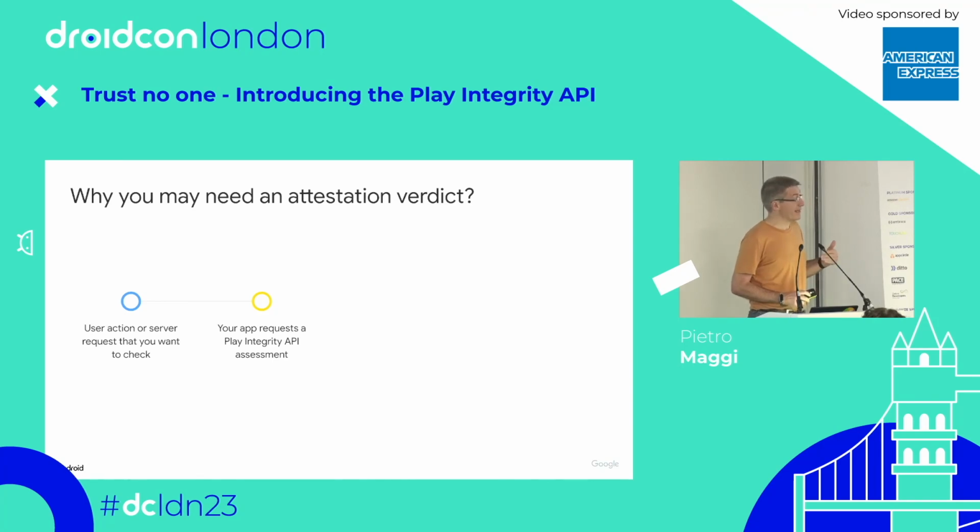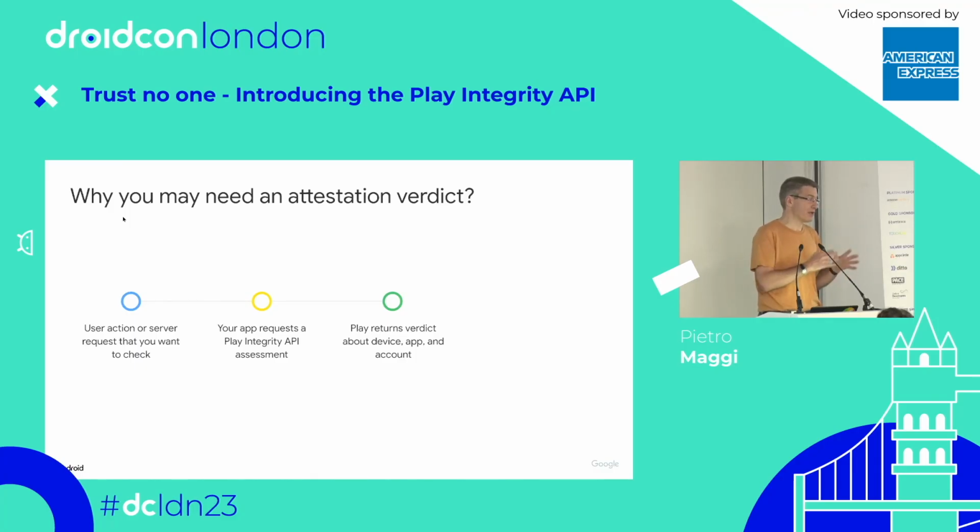The app requests a Play Integrity API verdict to ask for an assessment. Play returns a verdict about the device, the application, and the user account, in this case the Play account.